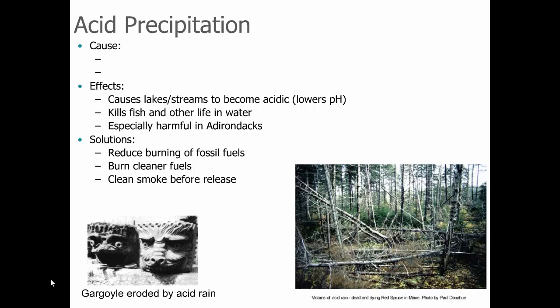Acid precipitation is a type of air pollution. Acid rain, I'm sure you've heard of. And it's caused by the release of certain gases by burning of fossil fuels. Sulfur and nitrogen are the main culprits. For example, if you drive your car, or your parents drive their car, I should say, unless they have an electric vehicle, they're burning gasoline, then part of the exhaust is sulfur and nitrogen.